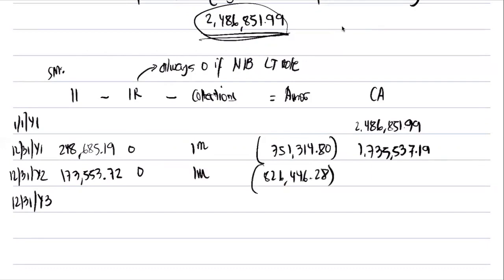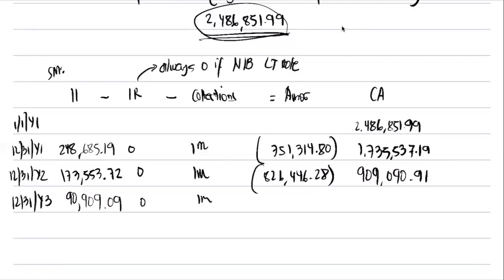So 1,735,537.19 less 826,446.28. We have here 909,090.91. So we compute for the interest. This is equal to 90,909.09. Interest received is 0.